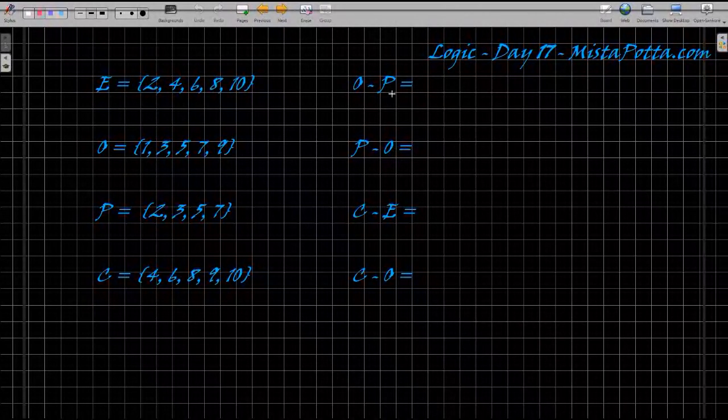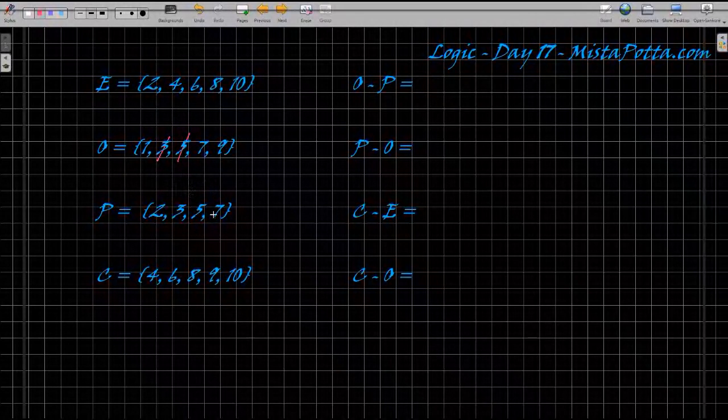If I start off with O, I'm starting off with these numbers, and I'm taking away what P has. So I'm taking away a 2. There's no 2 to take away. I'm taking away a 3, so that's gone. I'm taking away a 5, so that's gone.